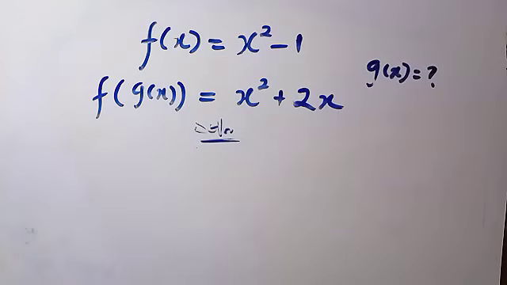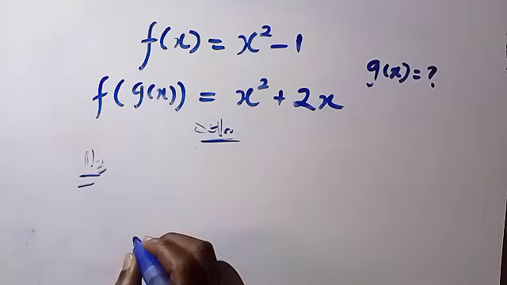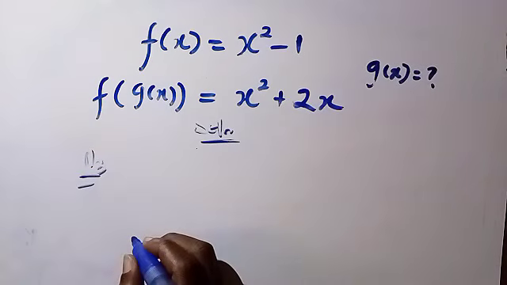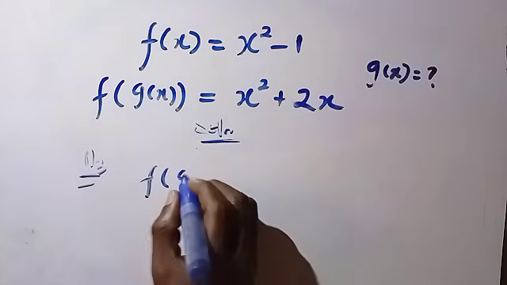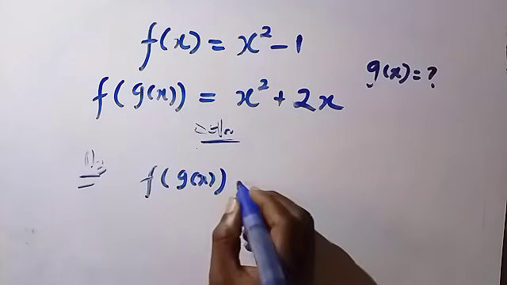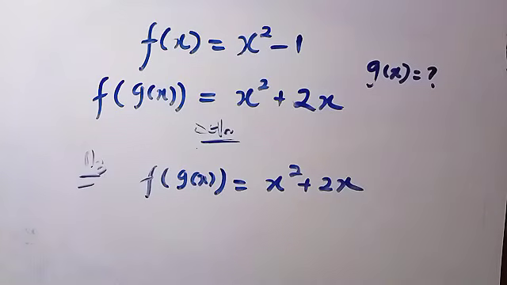For method 3, as this is the most interesting part of it, do you know that we can actually use the inverse method? We can take the inverse function of f to get g of x. So considering this as method 3, suppose I start from f of g of x, just as I did above. We have x squared plus 2x.